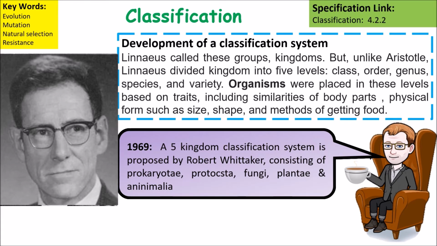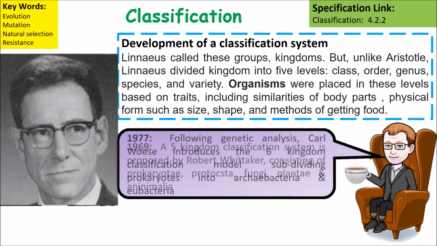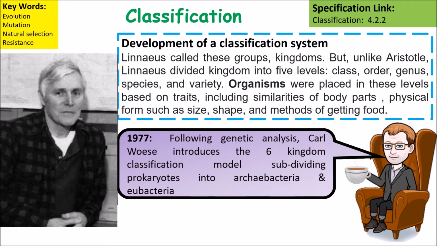In 1969, a 5-kingdom classification system was proposed by Whittaker, consisting of prokaryote, protista, fungi, plantae, and animalia, which was kind of the starting point of the system that we use today. And in 1977, following genetic analysis, Carl Woese introduces the 6-kingdom classification model, subdividing prokaryotes into archaeobacteria and eubacteria. So that's kind of the history behind the classification system.